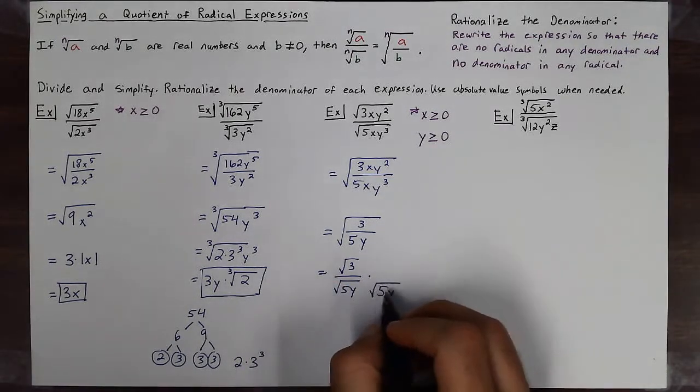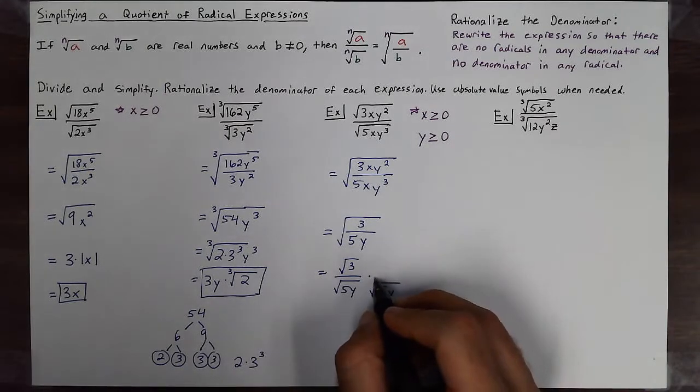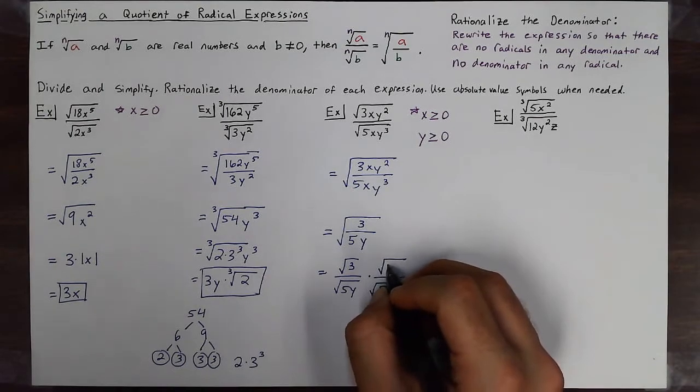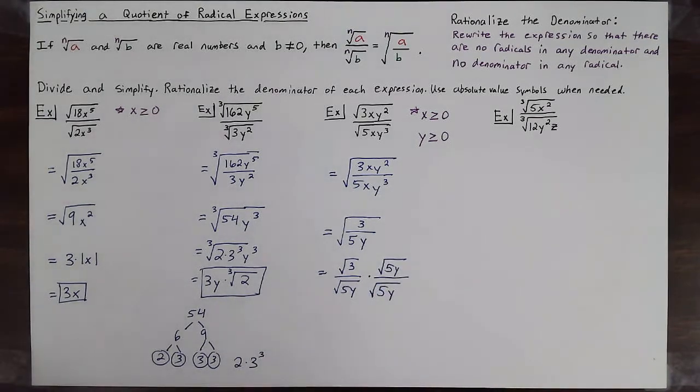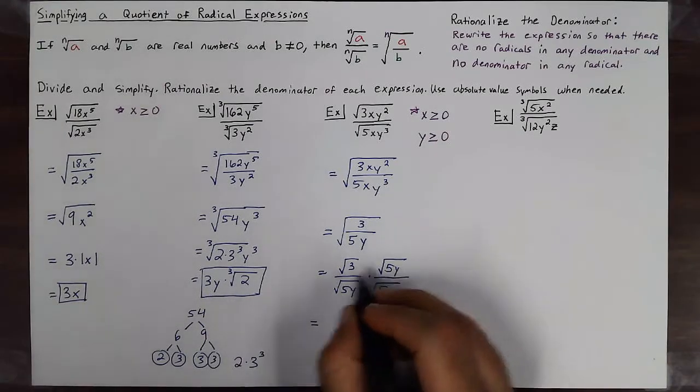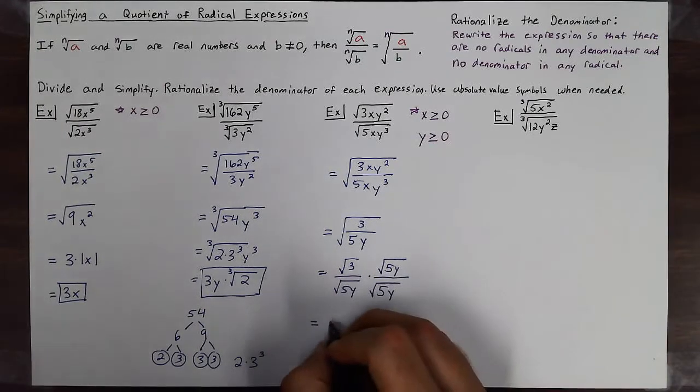But if I multiply to the bottom of my fraction, in order to keep this expression equivalent, it also needs to multiply to the numerator of that fraction. So now when I multiply, my numerator becomes 3 times 5y underneath the radical, so 15y.